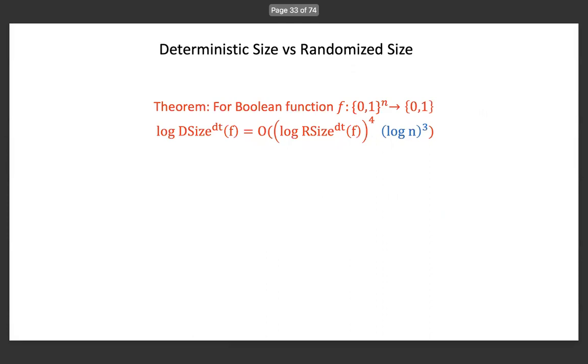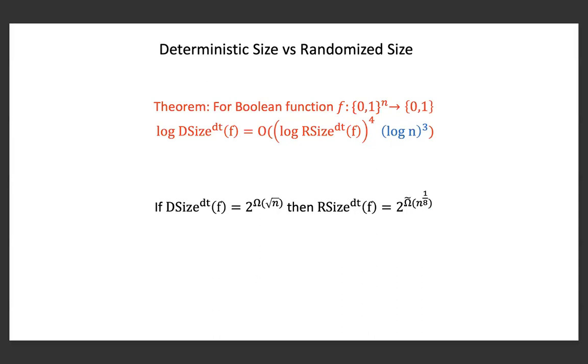And indeed, this is the case, and this is our main theorem of our paper. We show that log of deterministic size is indeed polynomially related to log of randomized size. So what this tells us is that if the deterministic size is large, then the randomized size cannot be too small. For example, if the deterministic size is exponential, then the randomized size cannot be just polynomial.